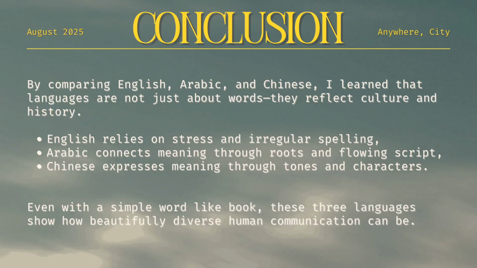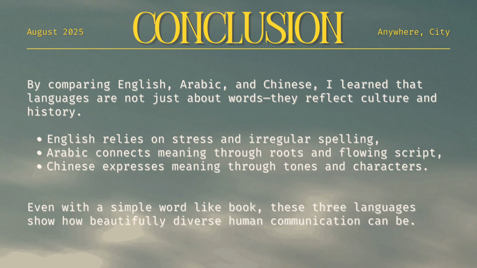Languages are very beautiful. Just by comparing English, Arabic, and Chinese, we can learn that languages are not just about words or alphabets or just a tool for communication, but they also reflect culture, history, and the people behind them.